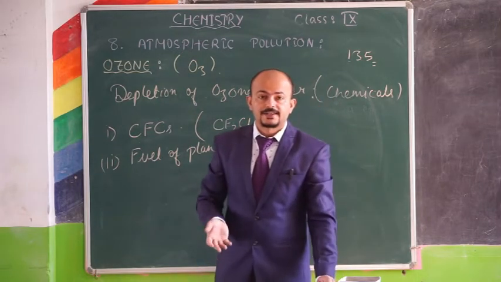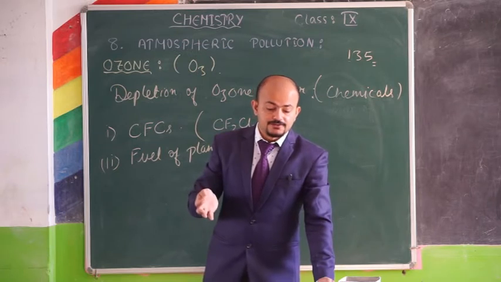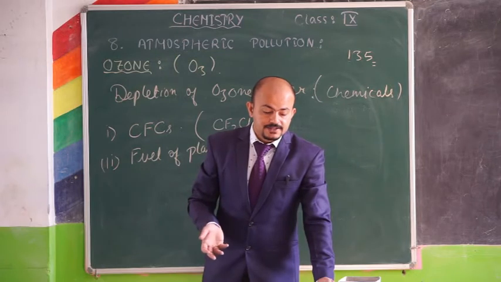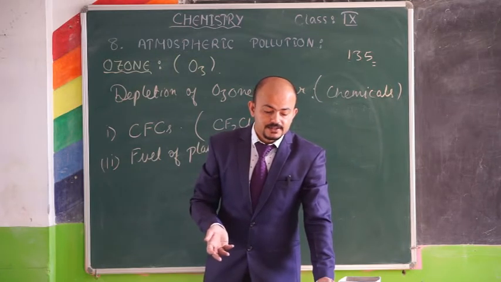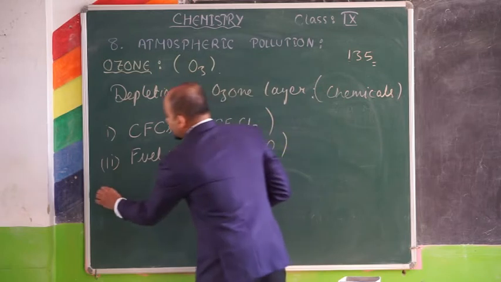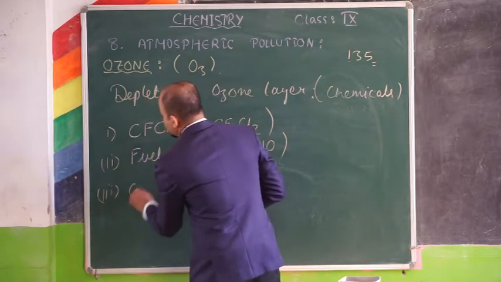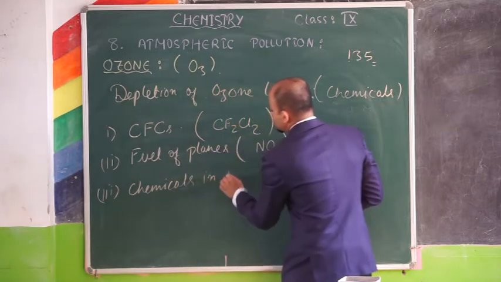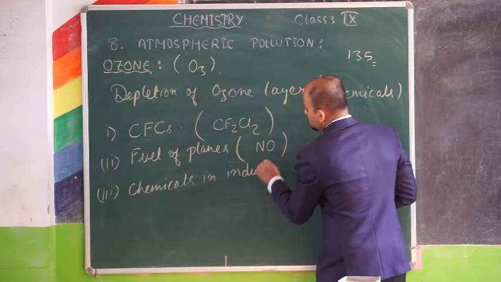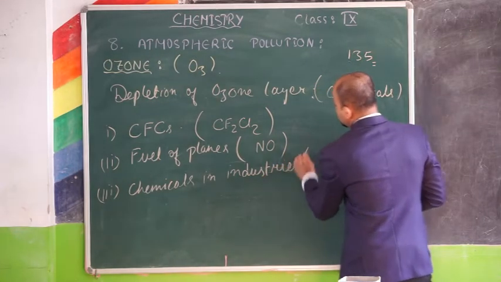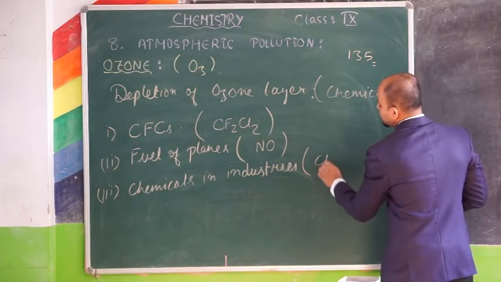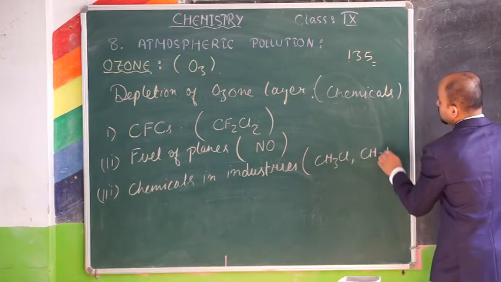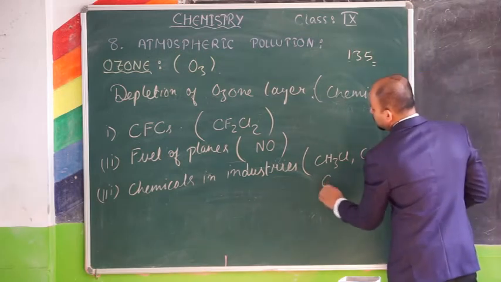Now the third point is the use of chemicals in industries like methyl chloride, methyl bromide, and carbon tetrachloride. Methyl chloride is CH3Cl, and we have methyl bromide, CH3Br, and carbon tetrachloride.